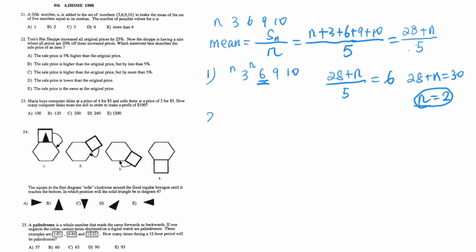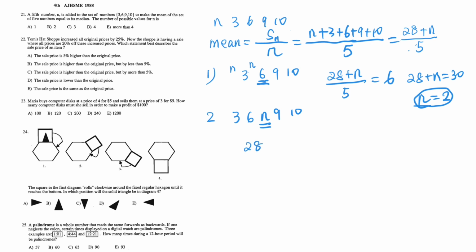The second case is n in the middle. So that's 3, 6, n, 9, 10. That's case 2. In this case, the median is n.